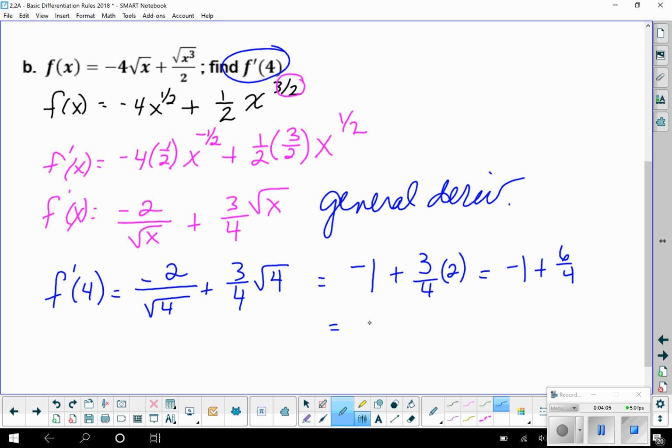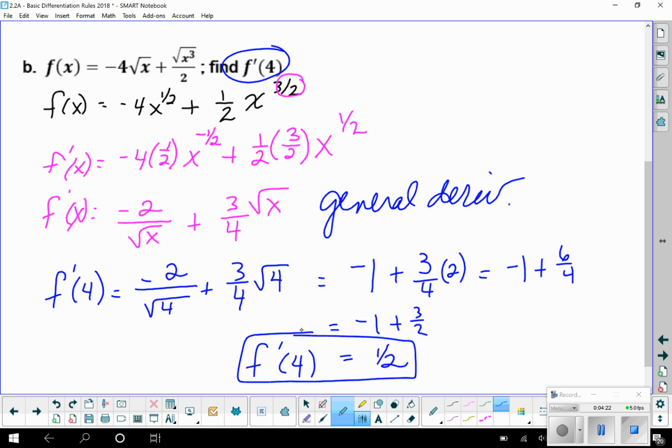We're getting there. That's -1 plus 3/2 if we reduce. Looks like we will come out with a positive 1/2. The slope at 4 is 1/2.